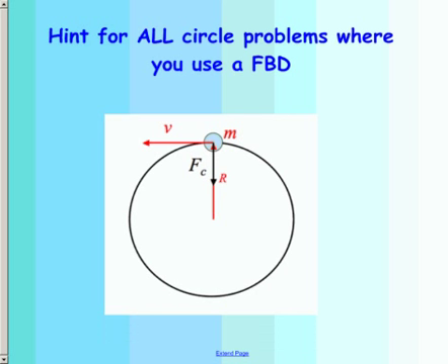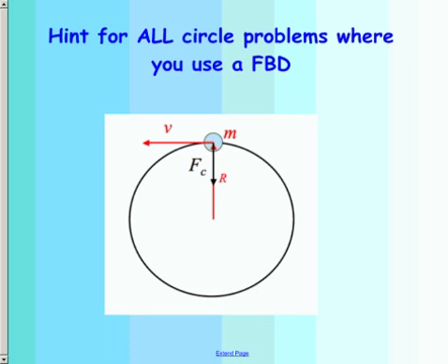Let me give you a hint, and I can't remember if I mentioned this, but I don't think I did, that when you're doing a circle problem, whenever you're using an FBD, you can make positive towards the center of the circle.